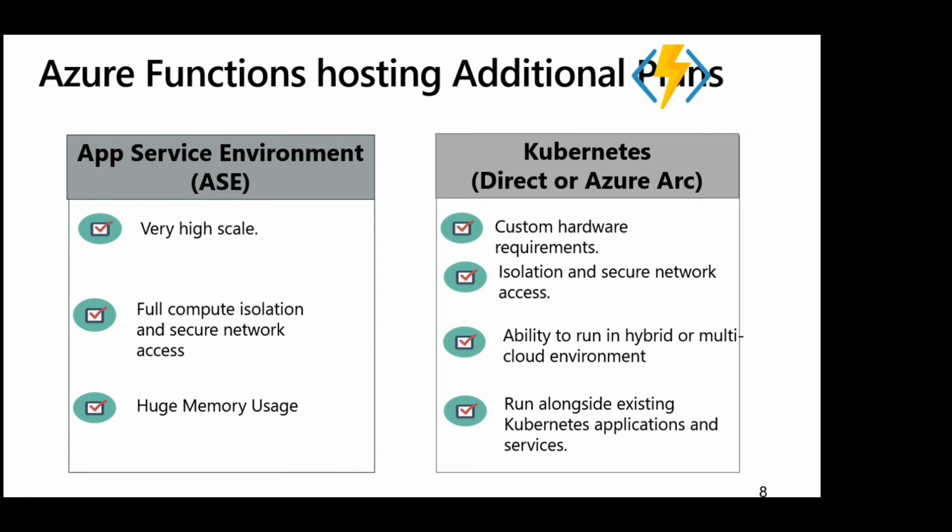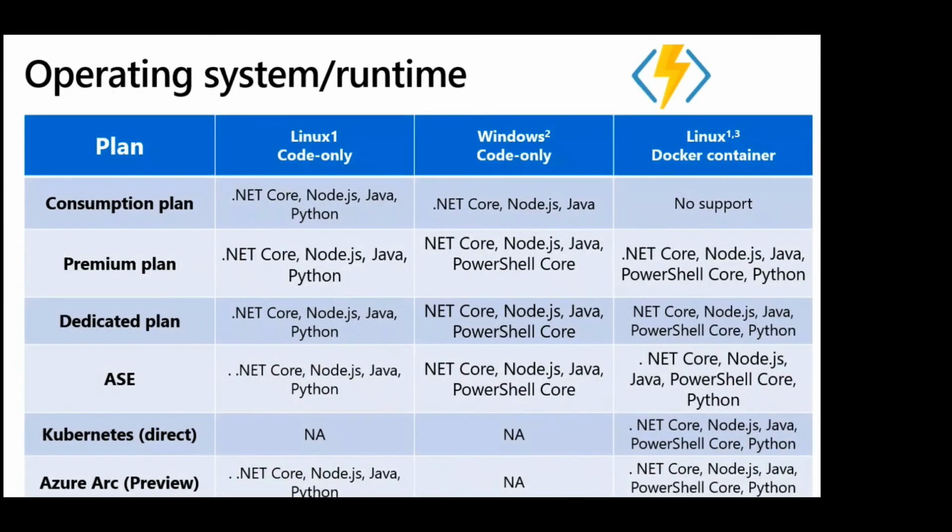Yeah, so these are the hosting plans. Operating system: I just put a table. I'll distribute this deck, but you can see with each plan what are the different languages and the operating systems. For example, in consumption plan, for Docker container, there is no support. You can use all the languages.